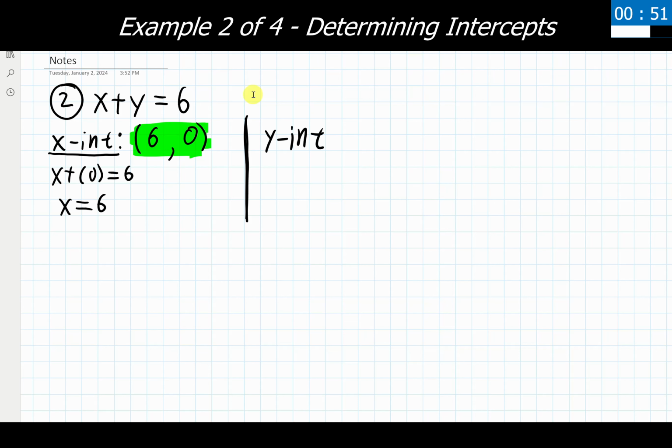Let's take a look at the y-intercept. We're going to solve it a very similar way. We know the x value of the y-intercept is 0. We don't know what the y value is, so we're just going to leave that blank for now. And like we did with the x-intercept, we plug 0 in for x, because it's in the x value spot, and we solve for y.